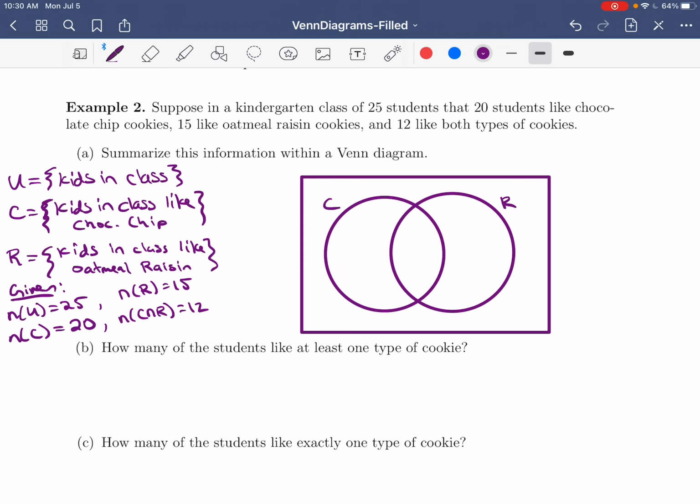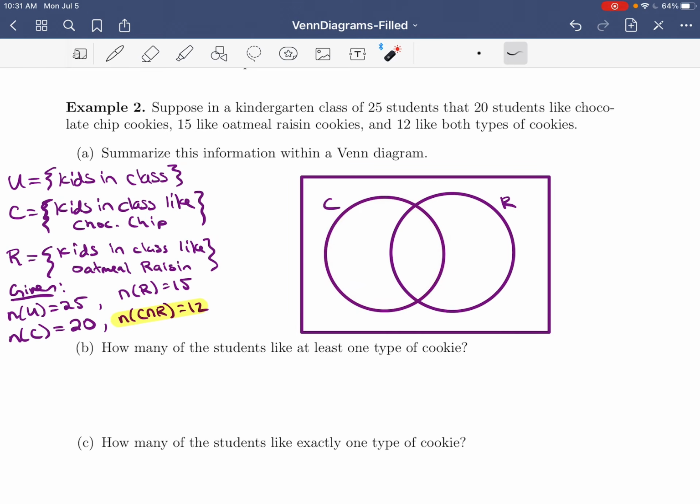Now there's one region that I know exactly how many students are in, and that is the intersection. The intersection here, C intersect R, is one basic region, right? It's this region right here. Everything else corresponds to more than one region. The number in C is the number in this whole circle, so that's 2 different basic regions.